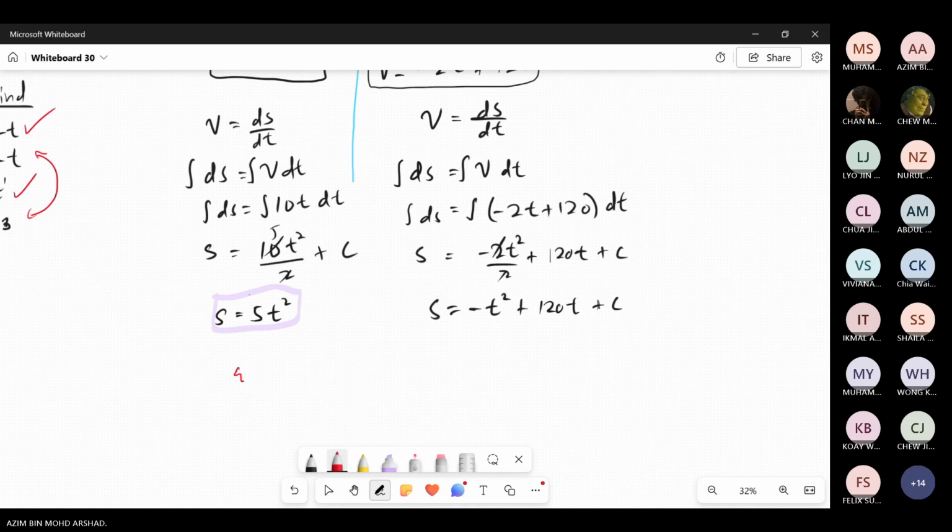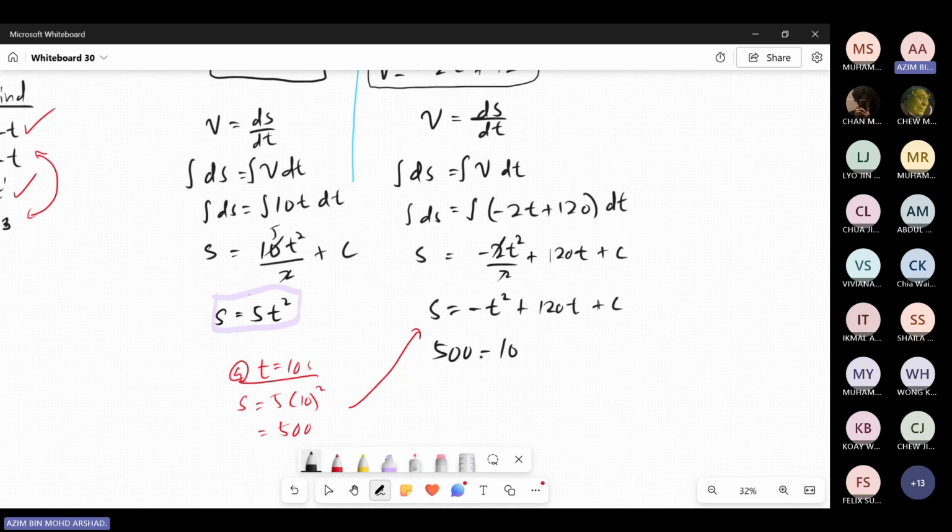So at t equals 10 seconds, S equals 5 times 10 squared. So this is 500. Okay, so at t equals 10 seconds, S is 500. And we substitute this into this equation, we'll get 500 equals negative 10 squared plus 120 times 10 plus C. So C is 500.